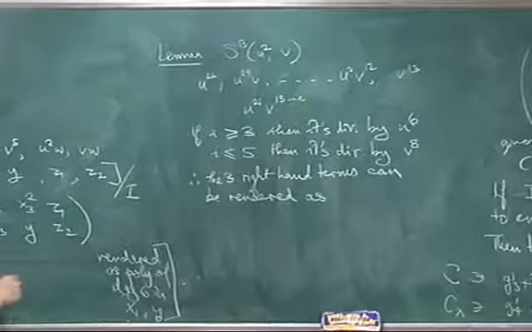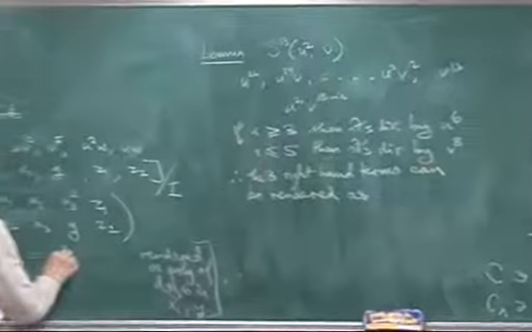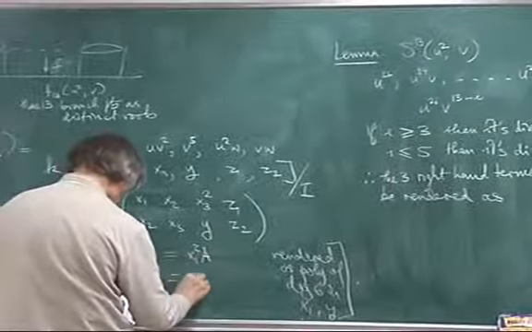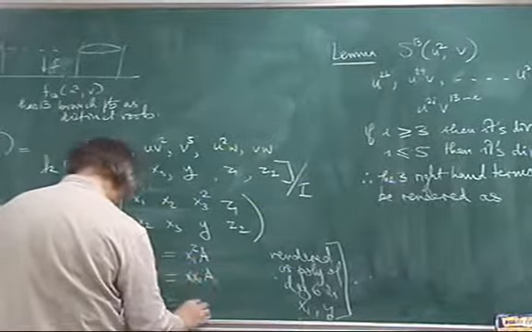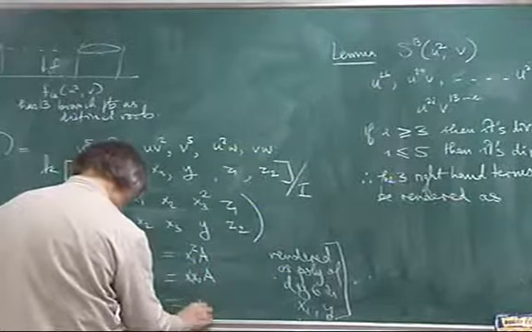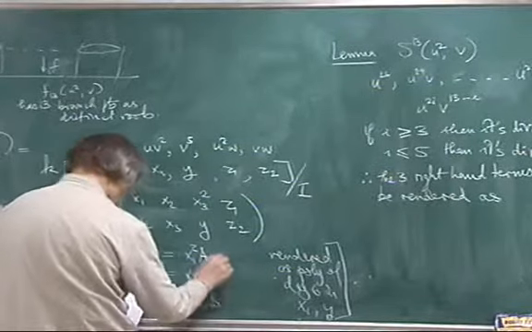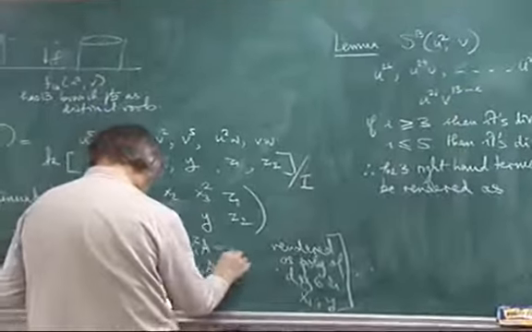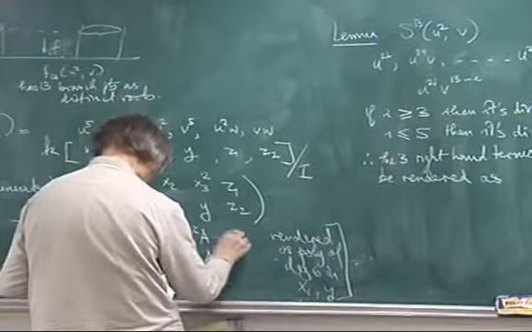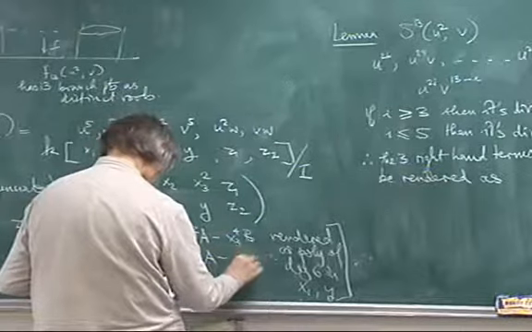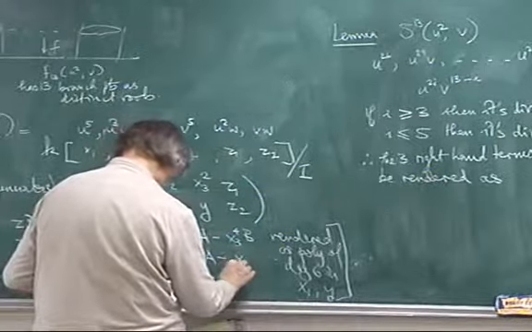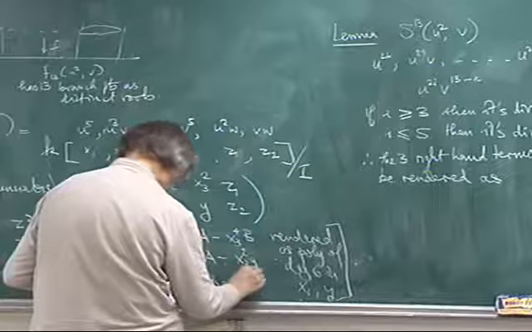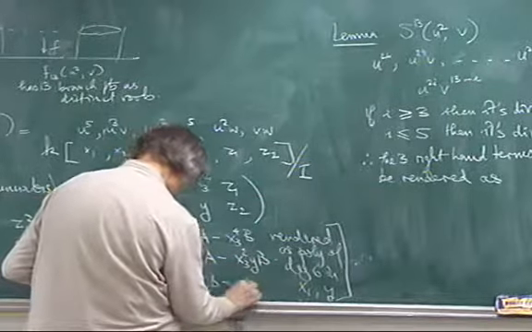So I can write this as x1 squared a, x1 x2 a, x2 squared b, and then it's convenient to write minus x3 to the 4th b2, x3 squared y b, and y squared b.